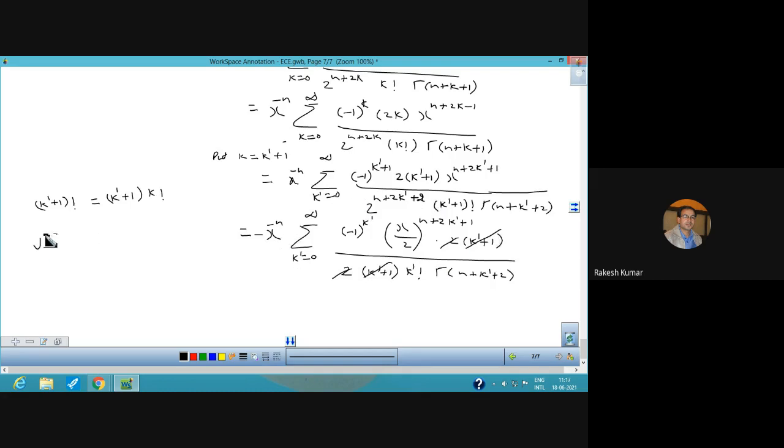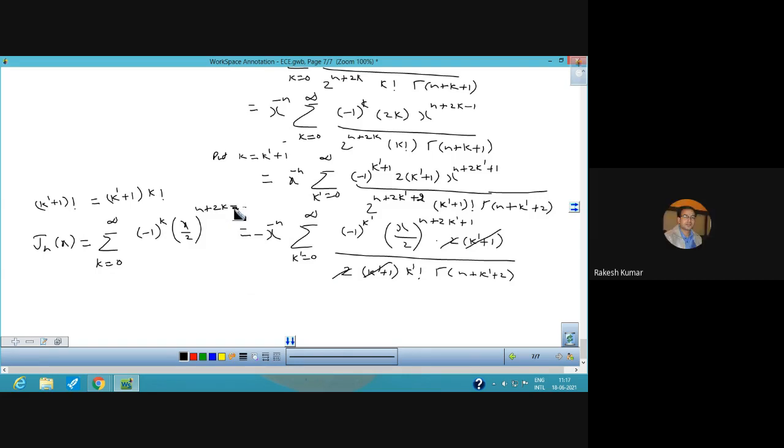Now we know that the Jnx is a summation k is 0 to infinity minus 1 raised to power k, x over 2 raised to power n plus 2k.